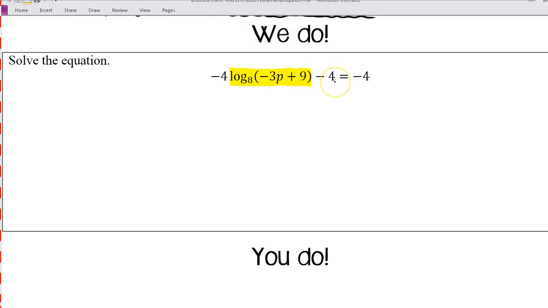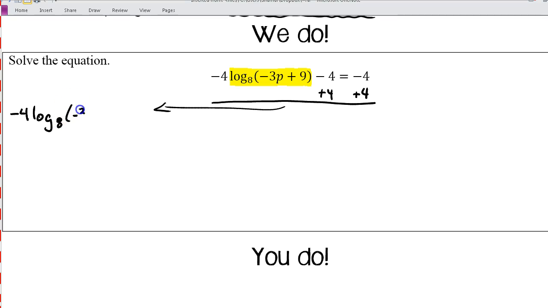So in order to get that part by itself first, I'm going to add 4 to both sides. So I'm going to add 4 here and add 4 here. And then I'm going to go ahead and move my work over to the left here. So I get negative 4 log base 8 of negative 3p plus 9 is equal to 0.